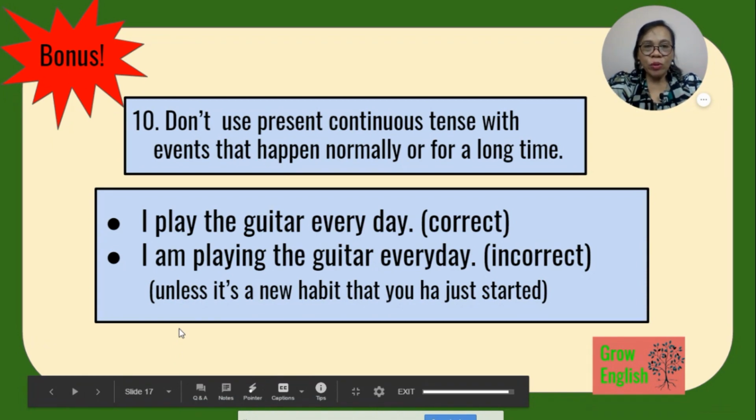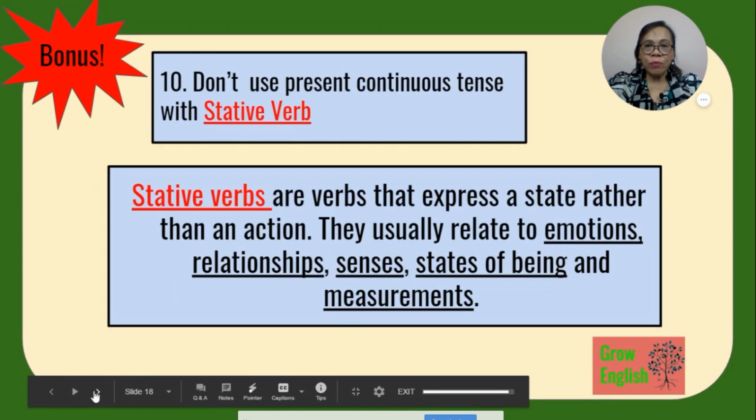It happens normally. You can use am playing in this kind of sentence if this is a new habit that you have just started. But if you are just expressing something that happens normally every day, please use the simple present.